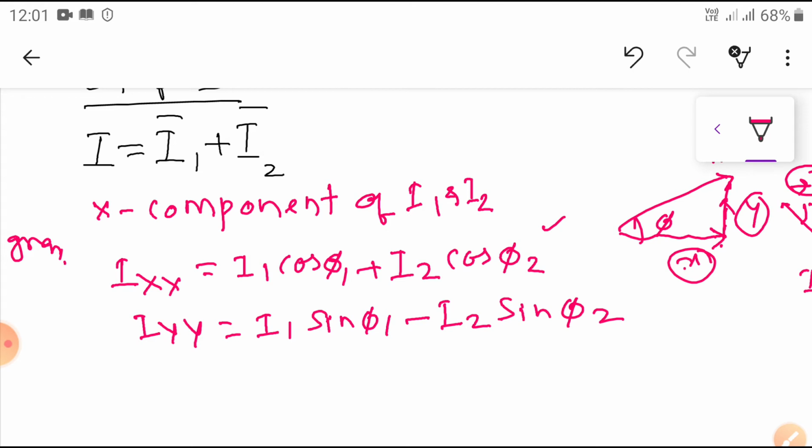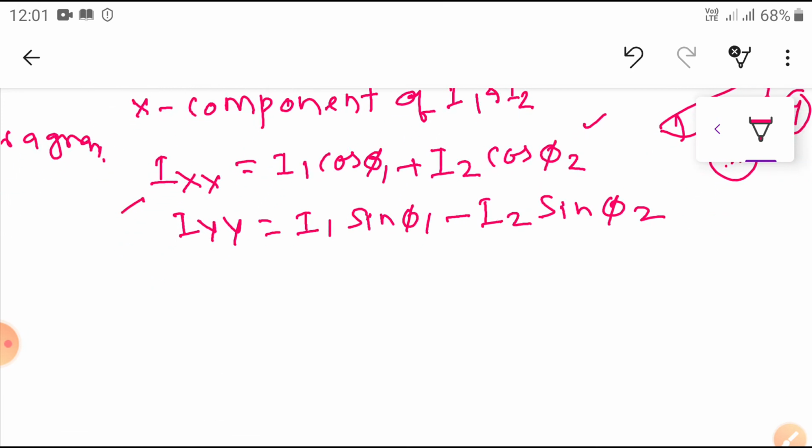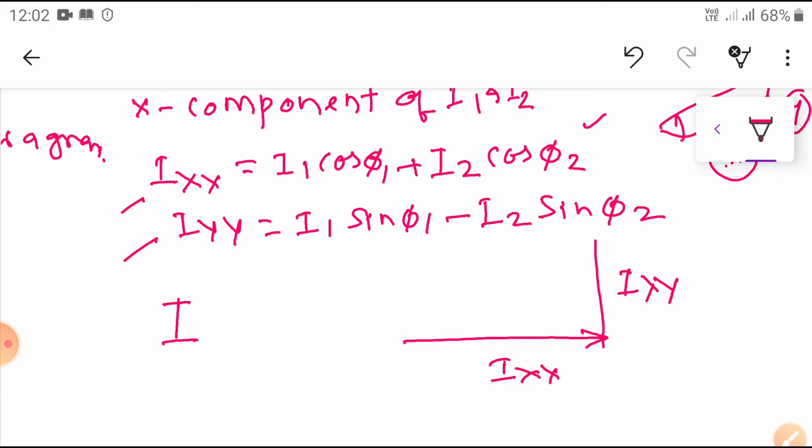This type of problem you have already done in mathematics. Now we know the x component and y component of the current. I require the total current I. So for example, for a triangle OAB, I want to know the OB value.